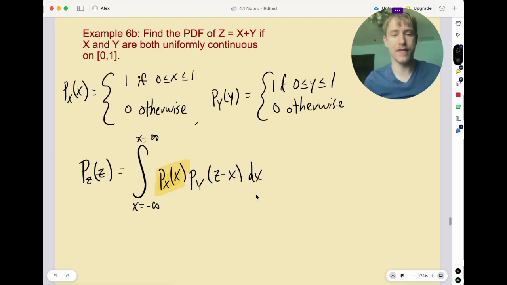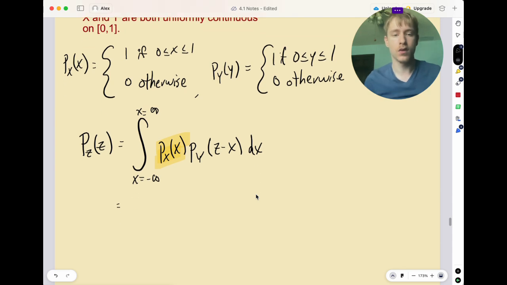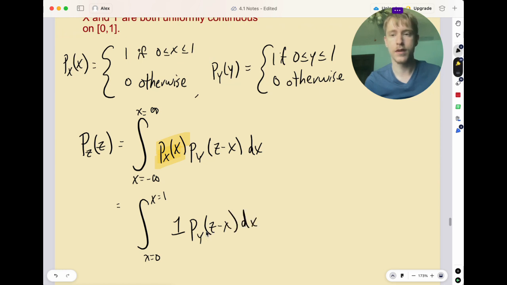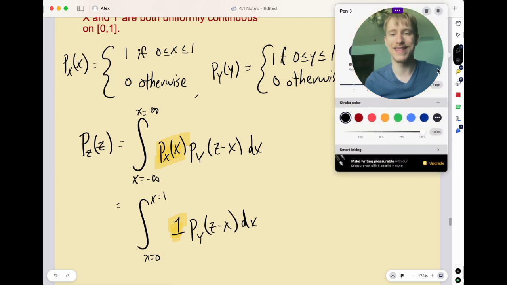So the bounds are going to be from x equals 0 to x equals 1 of 1 times the probability density of y. And the goal right now is to figure out how to evaluate this.